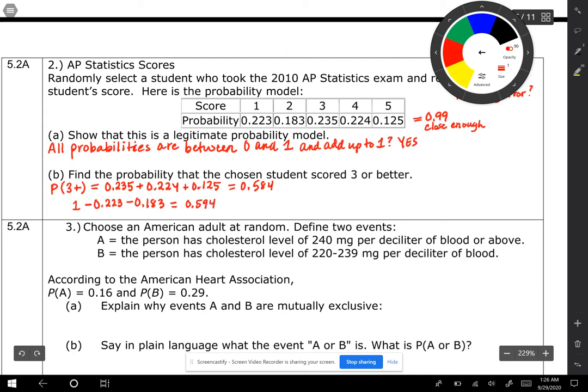But here's the problem. Those aren't the same. And the reason why they're not the same is because we should have used 0.99 here. But we basically said that it was a legitimate probability model. So it's not that much off, but it is off quite a little bit.